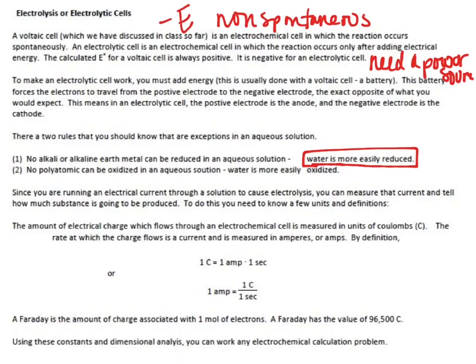And then polyatomic ions will not be oxidized because it would rather oxidize water rather than the polyatomic. So if we have a polyatomic ion or a group 1, group 2 metal, and it's in an aqueous solution, then we're going to reduce or oxidize water.